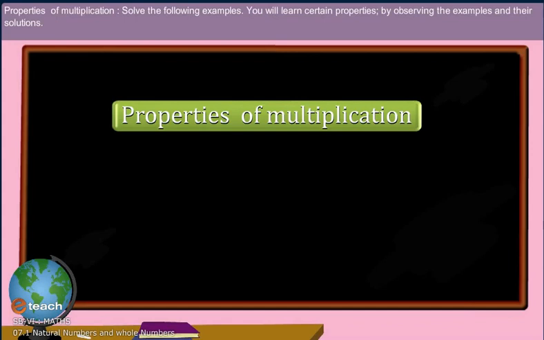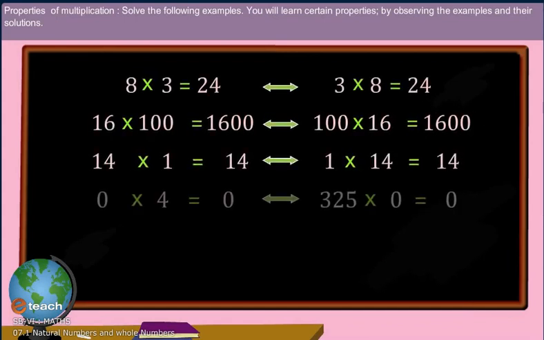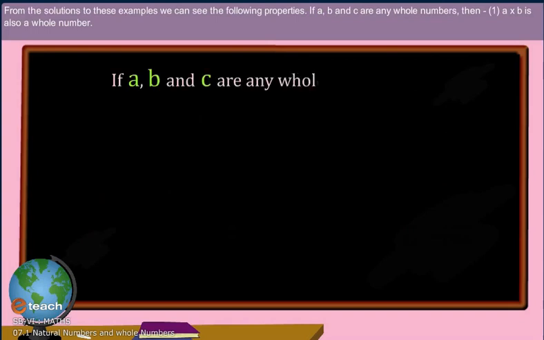Properties of multiplication. Solve the following examples. You will learn certain properties by observing the examples and their solutions. From the solutions of these examples, we can see the following properties. If A, B and C are any whole numbers, then 1.